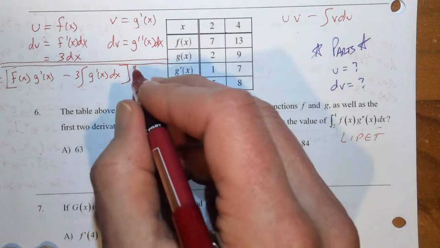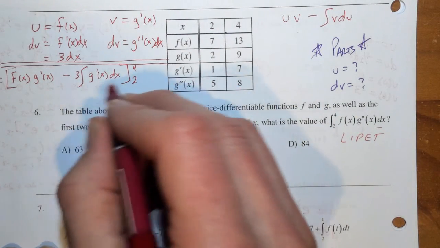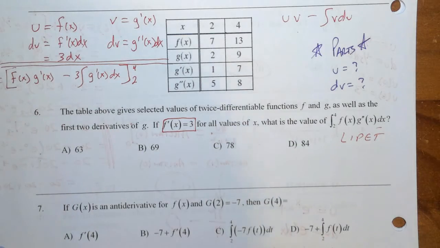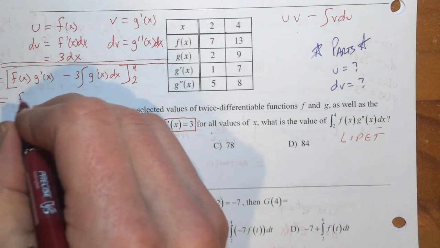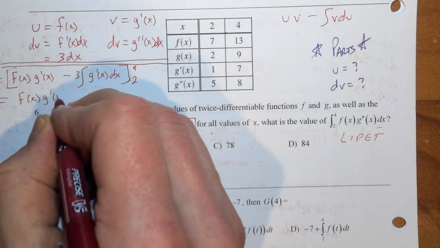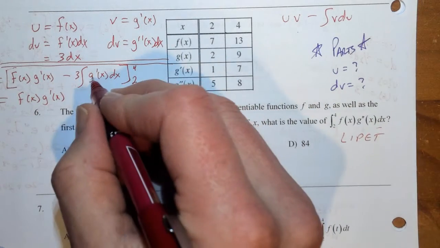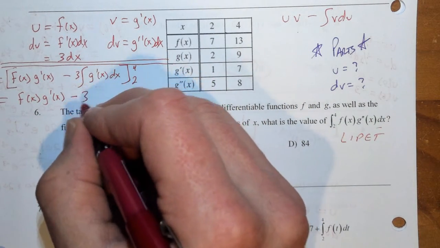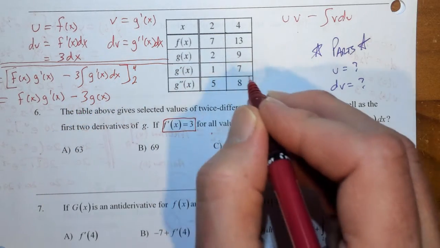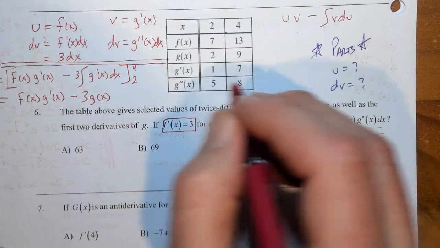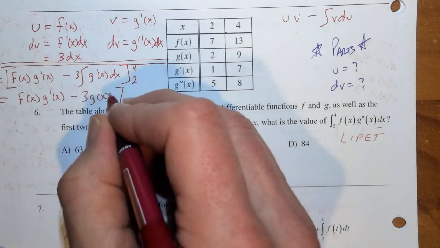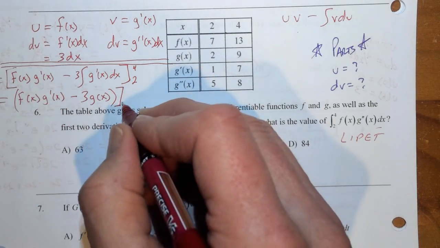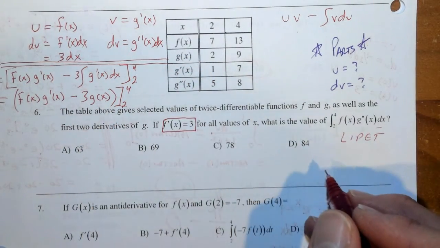Before we evaluate the 2 and the 4, we need to take care of this antiderivative, and so the first part will remain the same, and the antiderivative of g prime is just g. And again, this is all from 2 to 4.